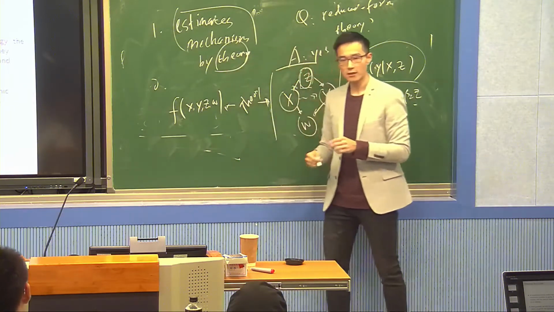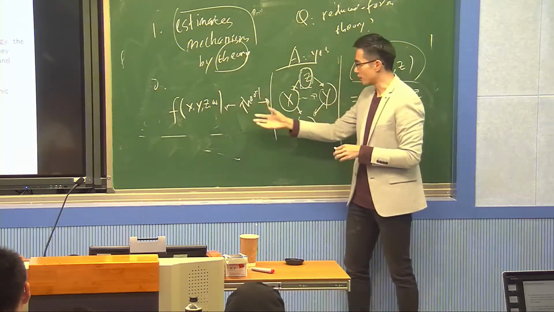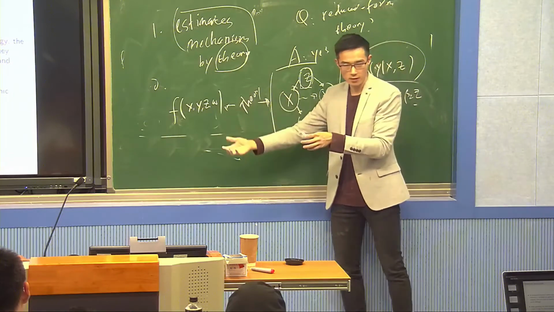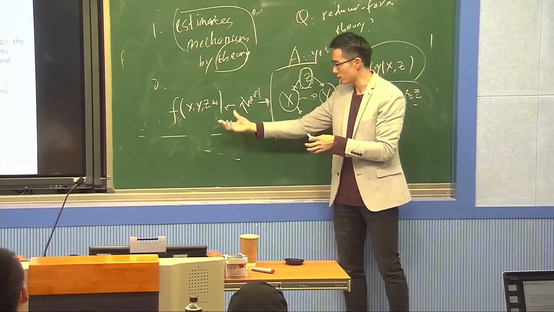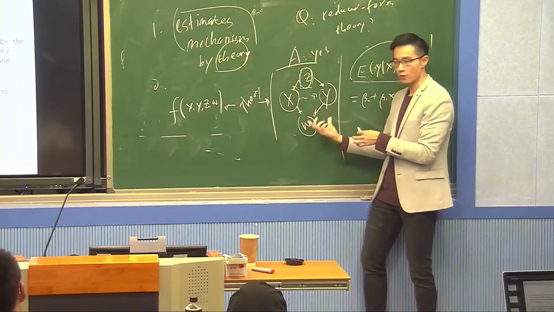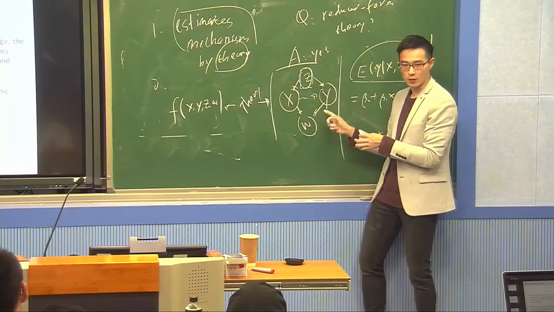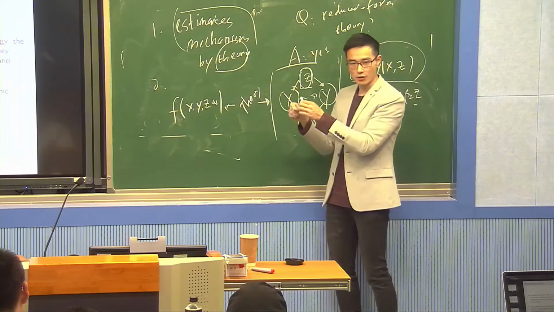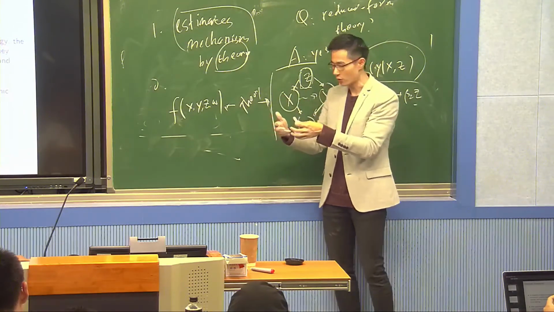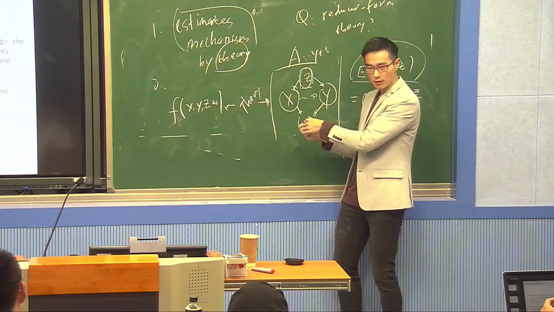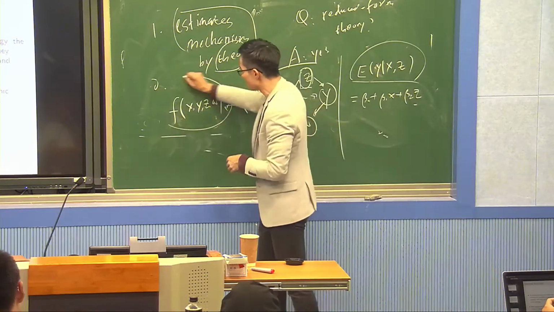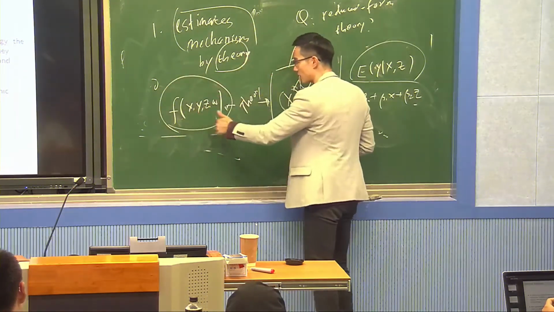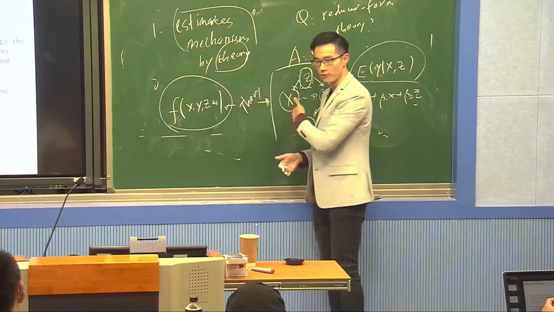Do people understand? Any theory, economic theory or physics theory or any scientific theory, is not just a graph that says which one causes which, but also uses a mathematical functional form to describe their relationship, right? Which gives an f function that describes the joint relation between these variables.